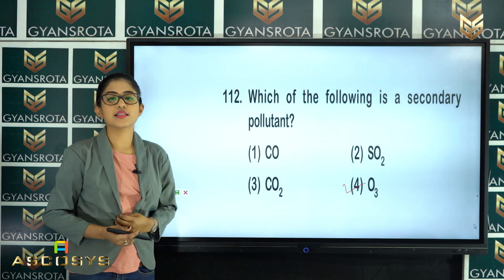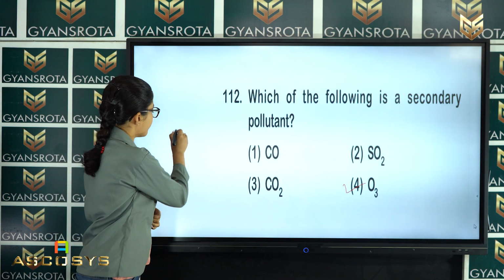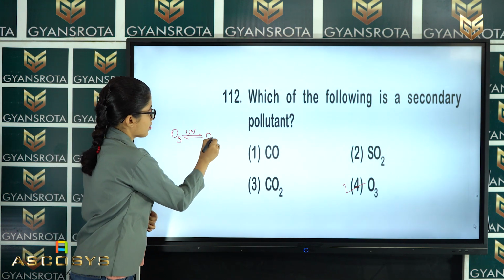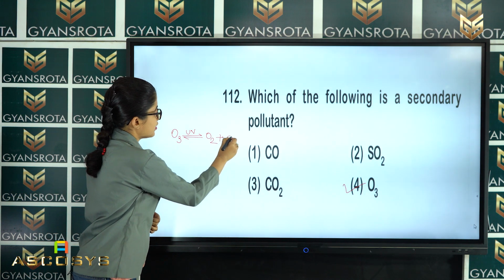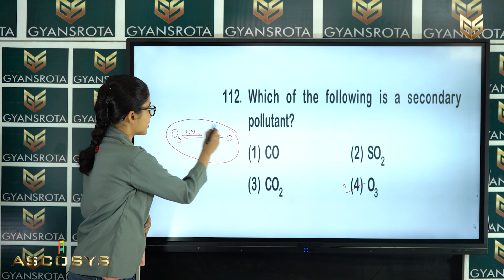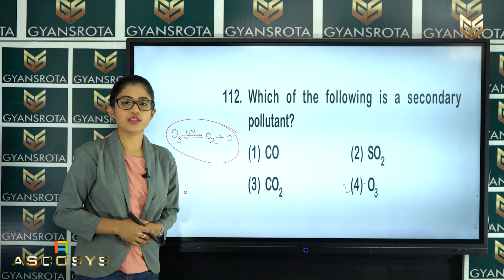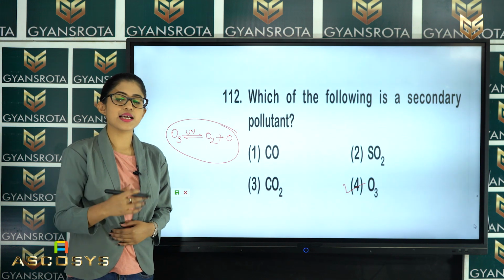Ozone is the secondary pollutant, and this ozone actually forms by oxygen and oxygen atom. So, this is called the secondary pollutant. So, option number 4 is the correct answer for this question. Now let's see the next question.